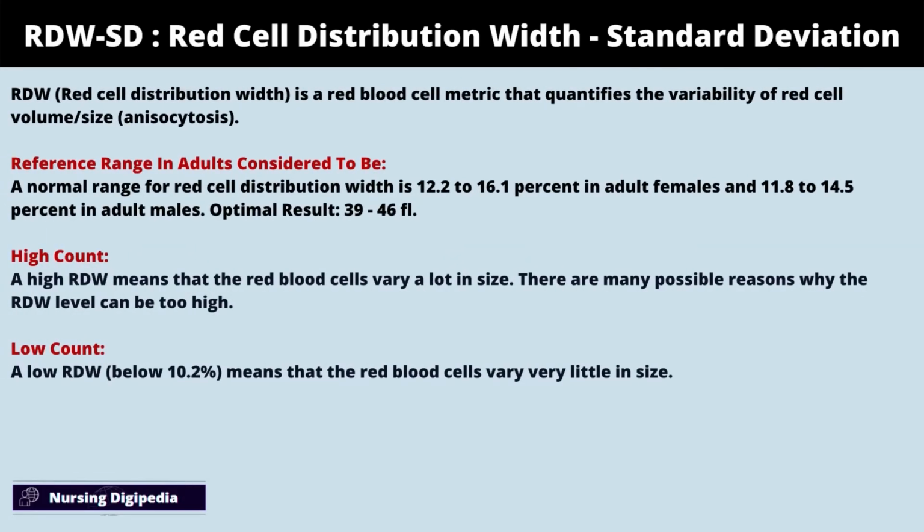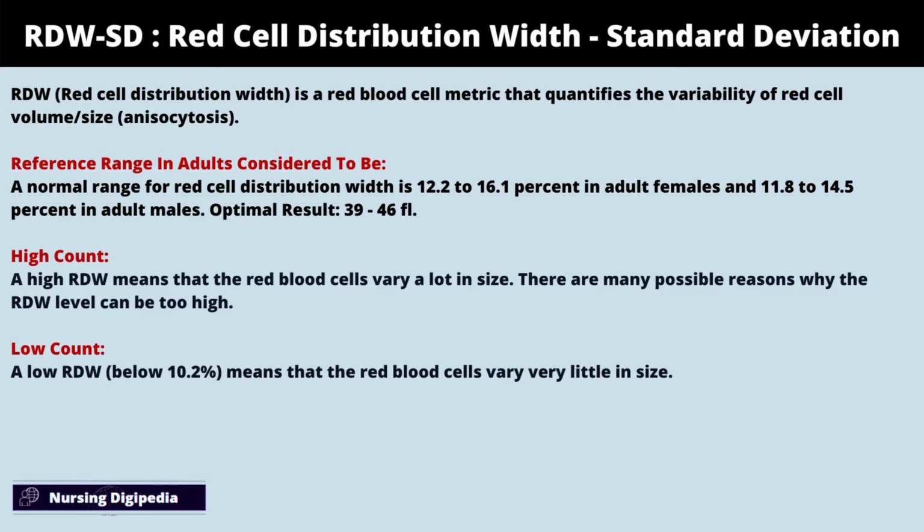RDW-SD stands for red cell distribution width standard deviation. This is a red blood cell metric that quantifies the variability of red cell volume or size. Reference range in adults is considered to be 12.2 to 16.1% in adult females and 11.8 to 14.5% in adult males.